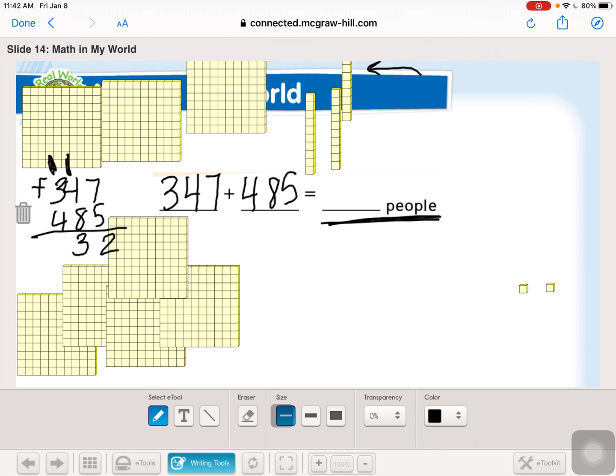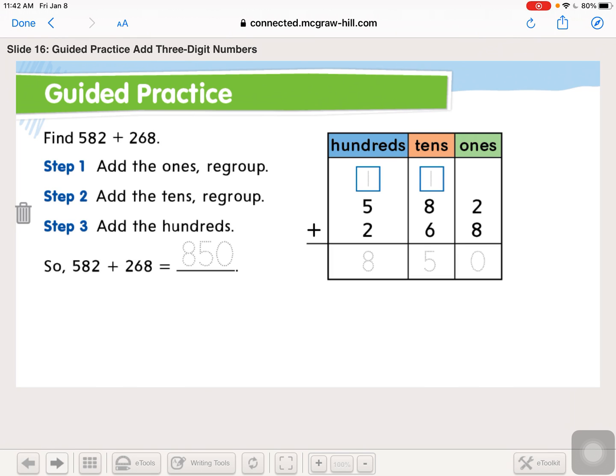So now for my hundreds, I have 1, 2, 3, 4, 5, 6, 7, 8. So how many people? 832. Go ahead and write that in on page 383. And then turn to 384 so we can do our guided practice together.